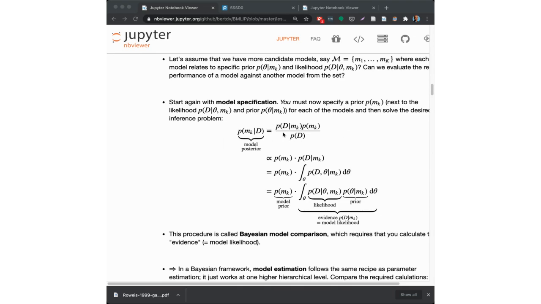But the numerator is really the joint P(D, M_k), and if I sum over M_k, I get P(D). So what will happen is P(D) divided by P(D). So by dividing the numerator here by P(D), I have made sure that the left-hand side is indeed a probability that adds up to 1.